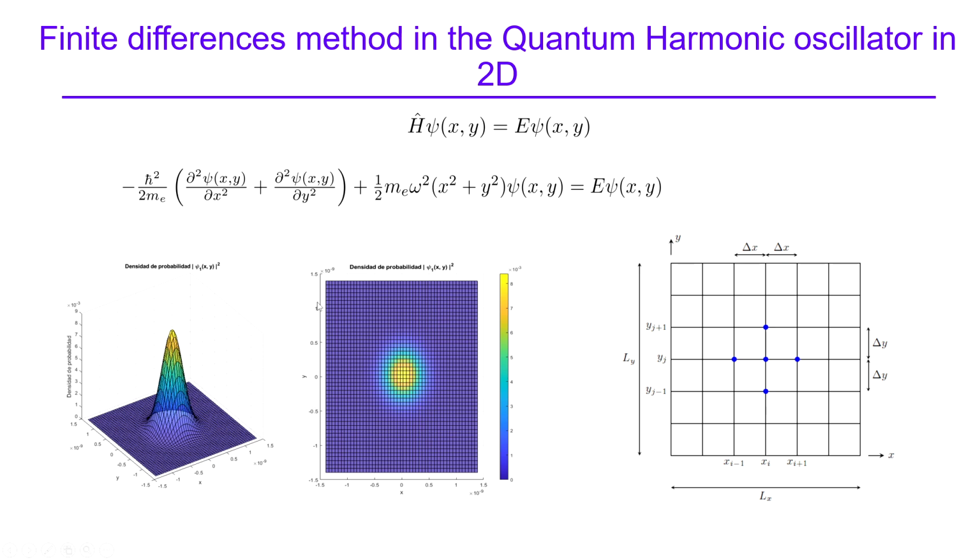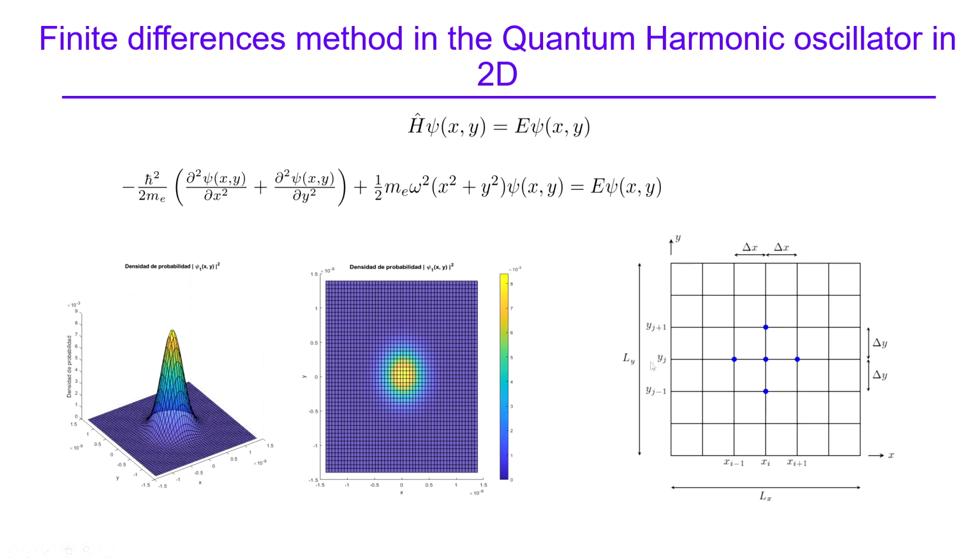And if you look along the c-axis, you will see this pattern, where the concentration of the probability is more intense in the center, and it is distributed around the center. This is a color bar that describes that.